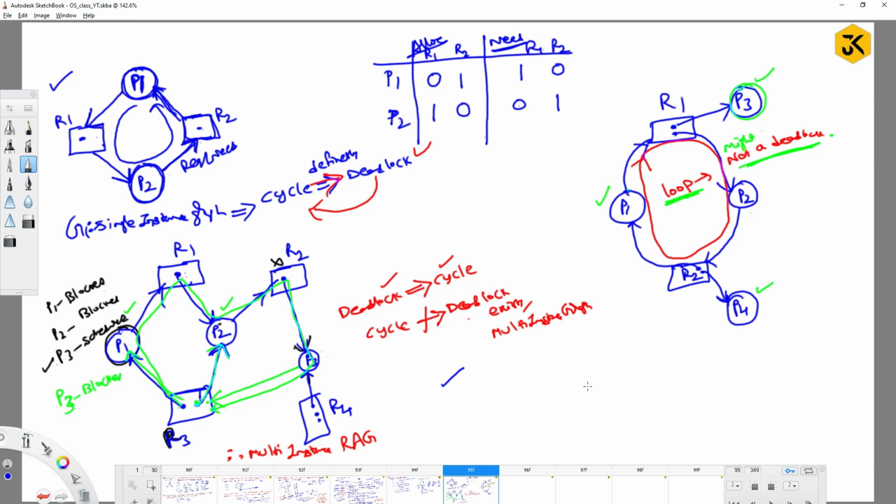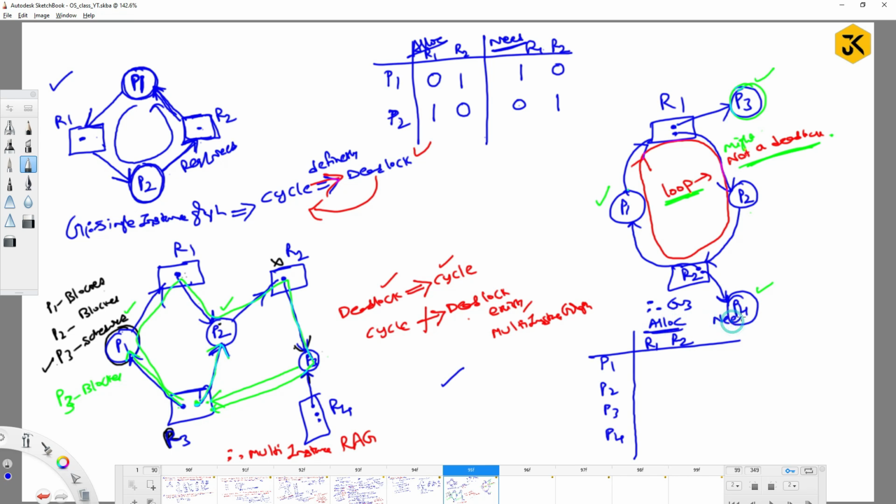Now let us try to draw the table representation for the graph G3. How many processes are there here? P1, P2, P3 and P4. And how many resources are there? R1 and R2 resources are there. I am trying to define for allocation.